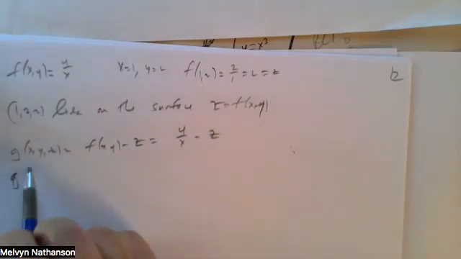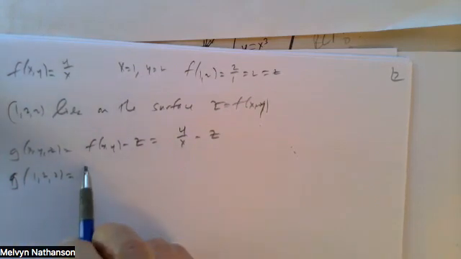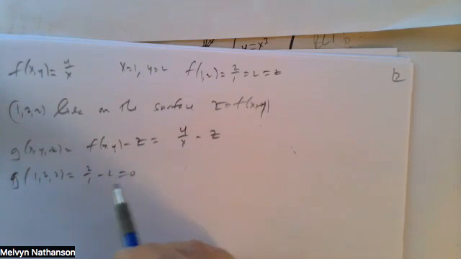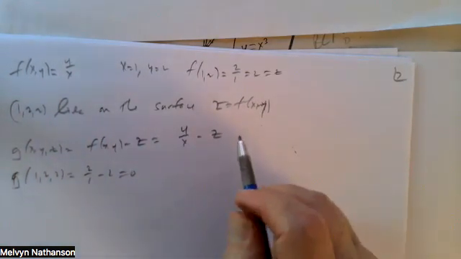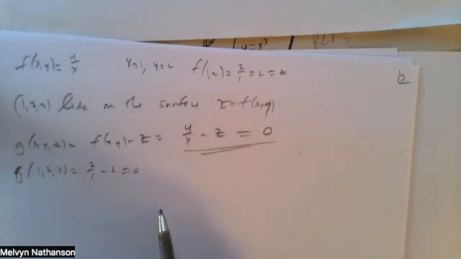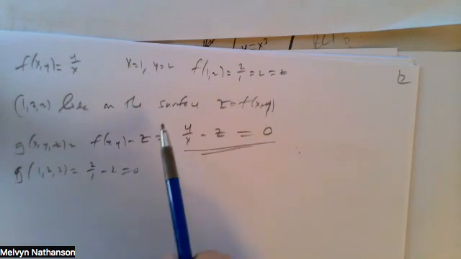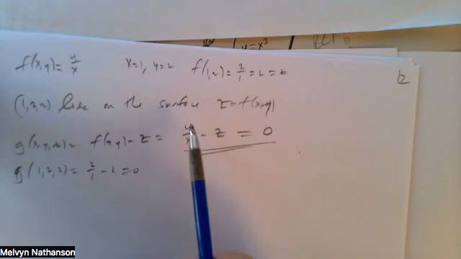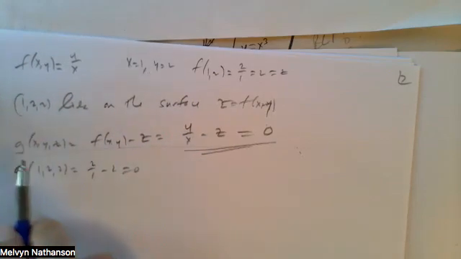So g at 1, 2, 2 is equal to 2 over 1 minus 2, which is 0. So 1, 2, 2 lies on the level surface g of x, y, z equals 0. And we can compute the tangent plane to the surface by looking at this surface as the level surface of this function of 3 variables.